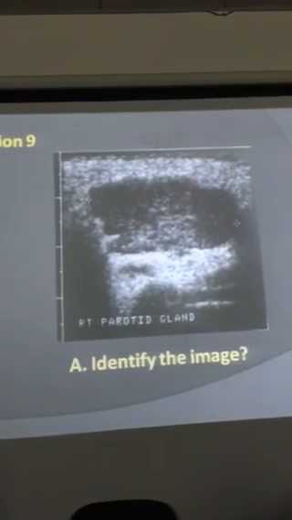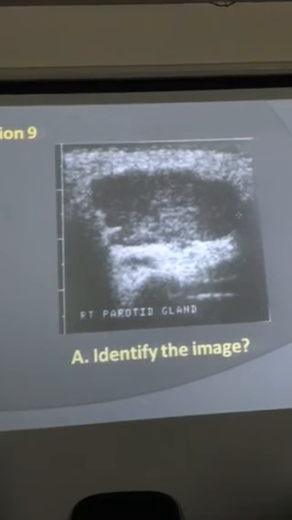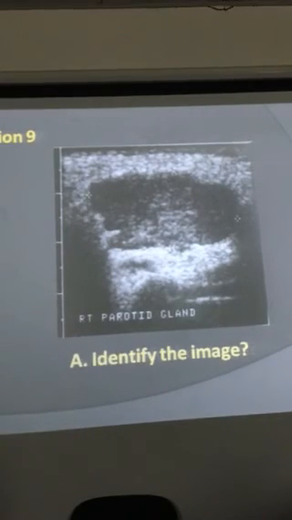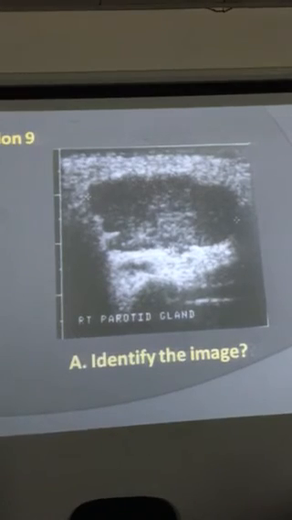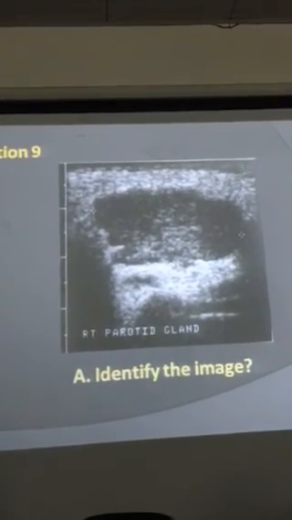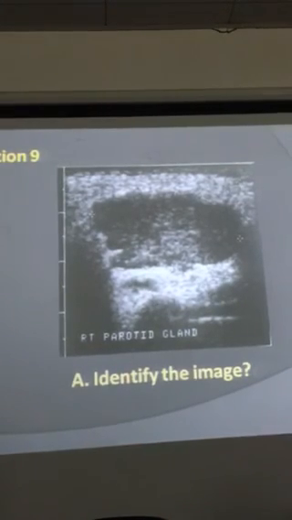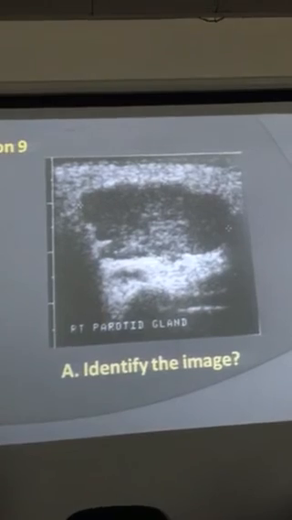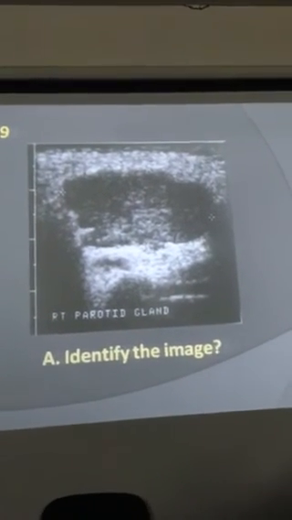Only identification. Just identify the image. Good, very good, ultrasound. You have to know whether it is ultrasound, CT scan, MRI, or salivary gland. Only that identification. Clear?